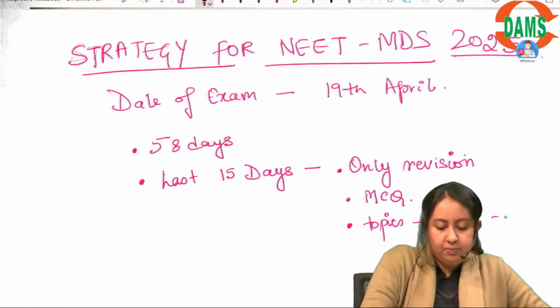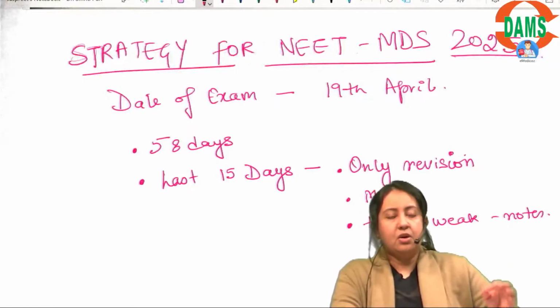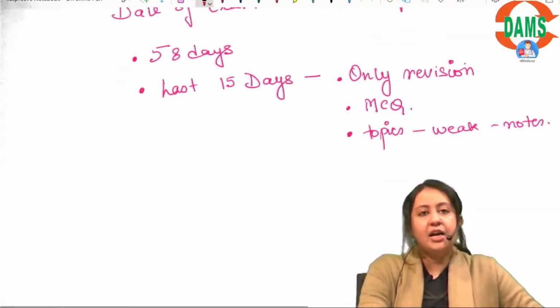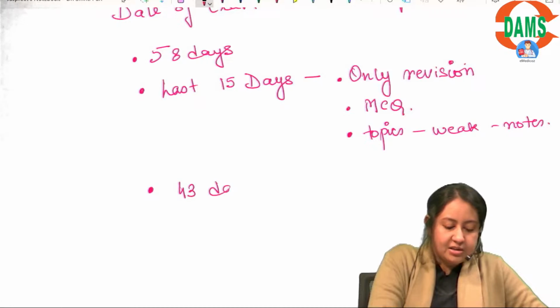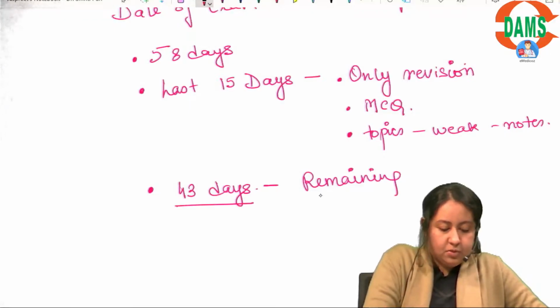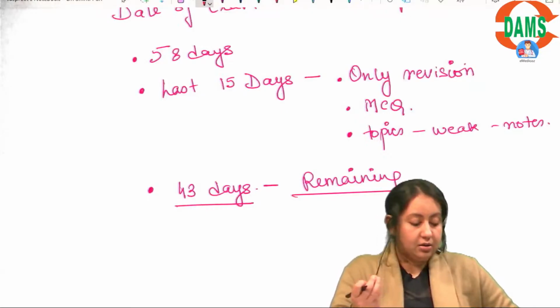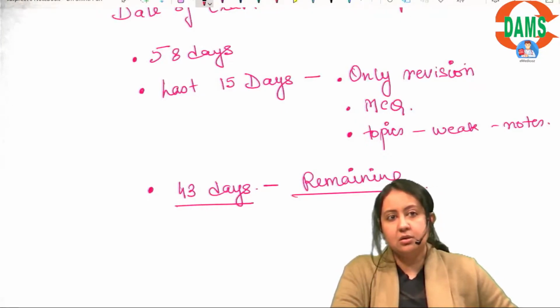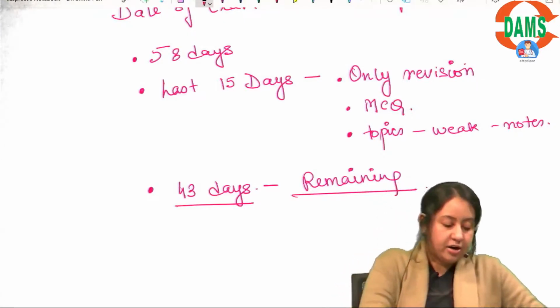So this is your last 15 days. Now from 58, if I subtract 15 days, you are roughly left with 43 days starting tomorrow. In these 42, 43, 44, whatever days, you have to do a complete, wholesome, smart revision.